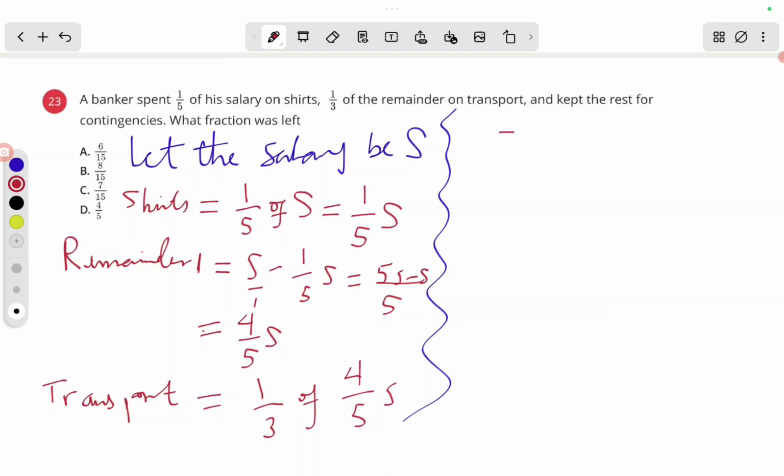This is same thing as 1 over 3 times 4 over 5x. We are going to have 4 over 15x.